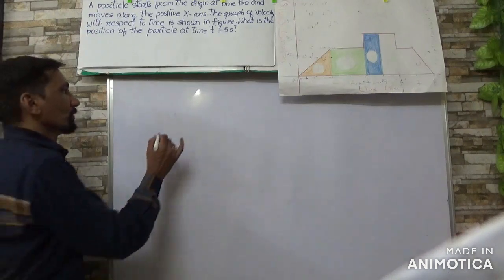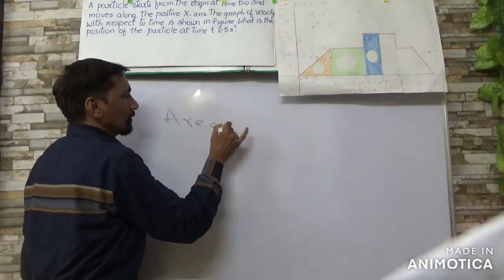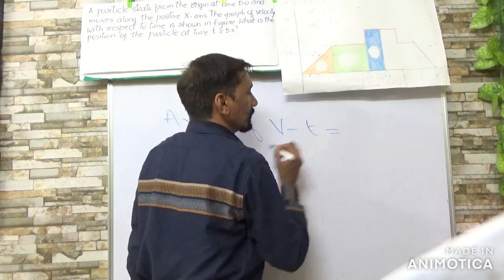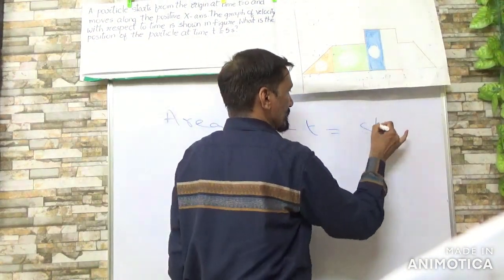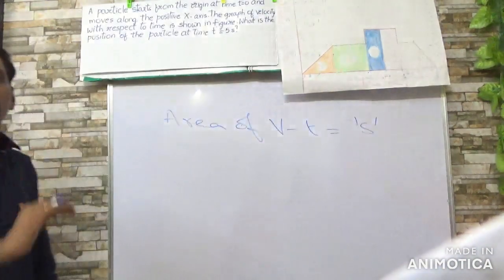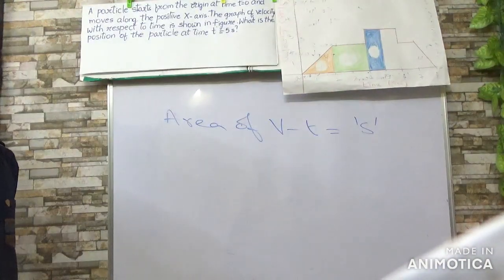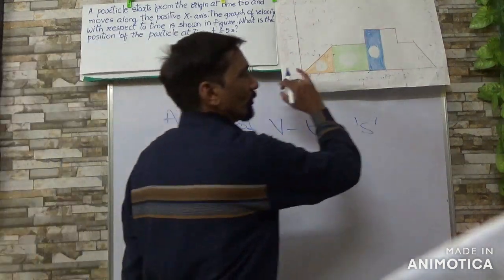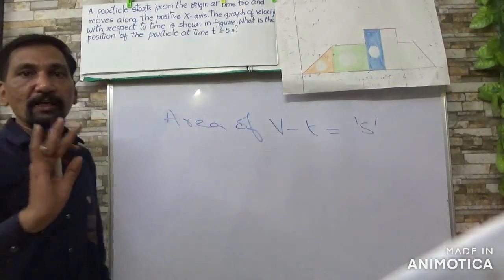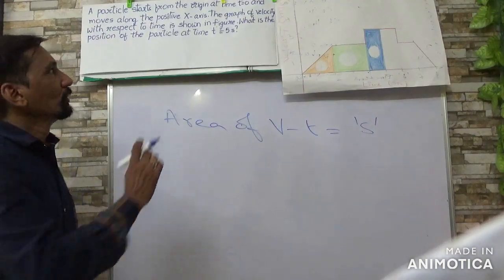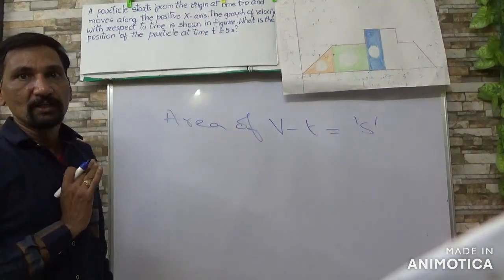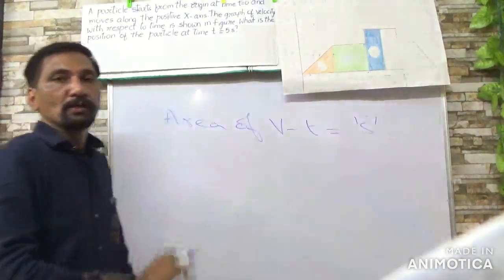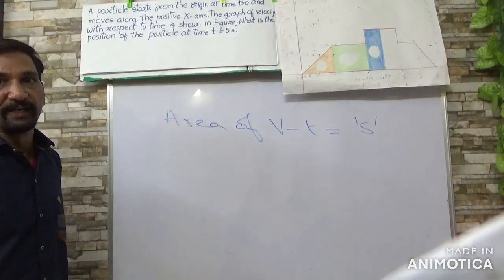The area of a velocity versus time graph gives displacement, the position of the particle, but you want it up to 5 seconds only, so you need not consider the total area up to 8 seconds. You want its position only after 5 seconds, so this shaded portion is all we require.